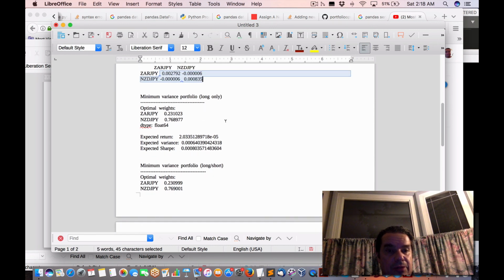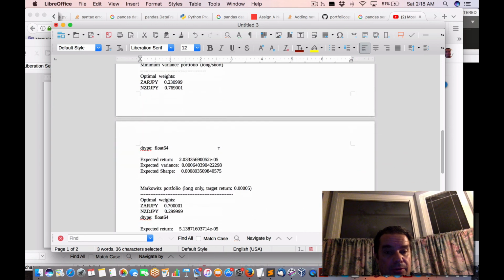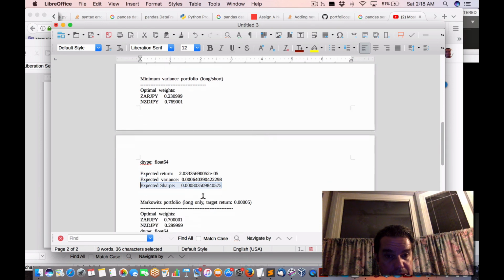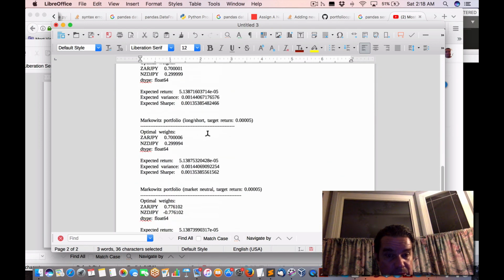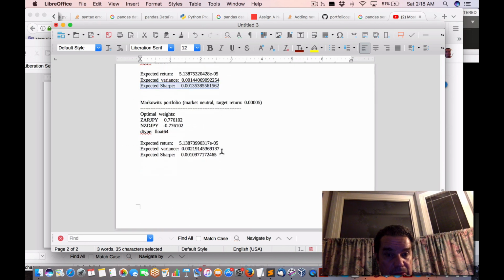So essentially, what we're trying to do is get optimal weights on where we can get the highest expected Sharpe ratio. So judging by things, let me just see what would give you, this might be the highest, or maybe this one.